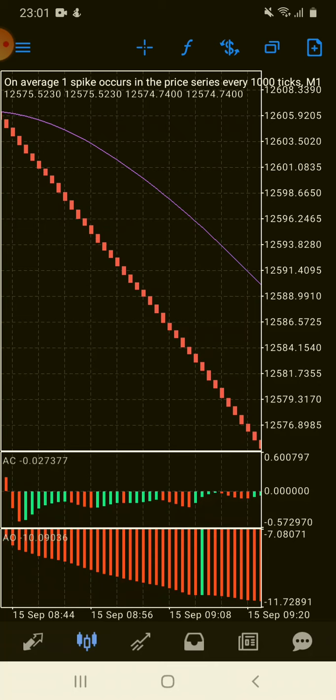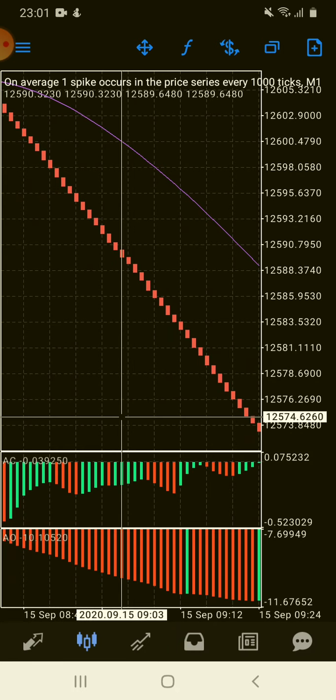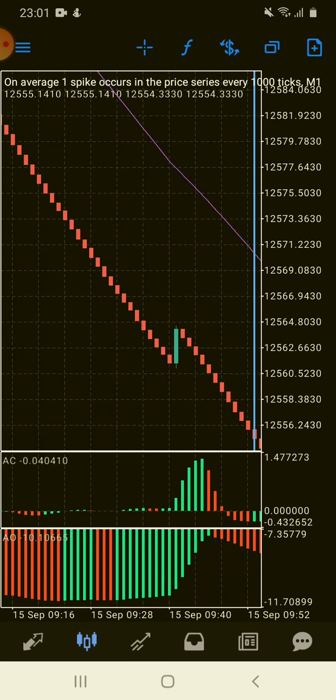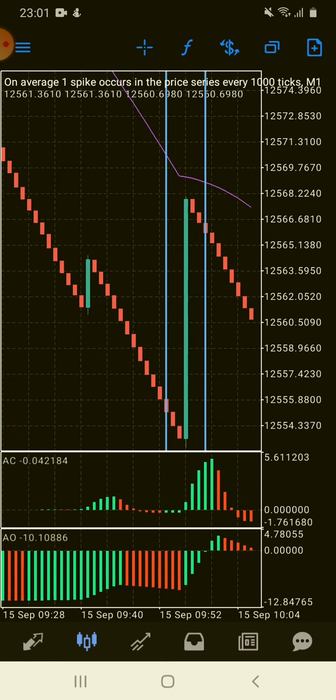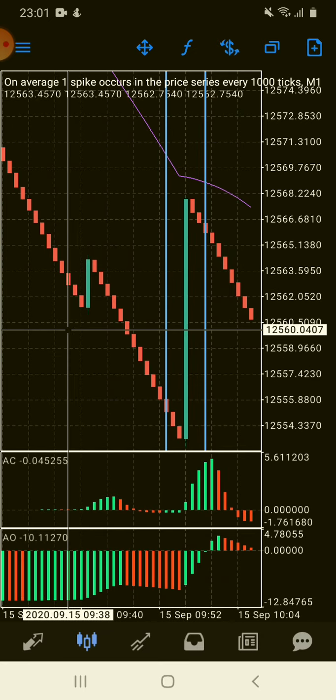Whatever time your day starts from, we're going to start from maybe about 6 a.m. on the time that's here on the bottom. Let's go for the first one. We're waiting for the spike, and there's our spike right here.